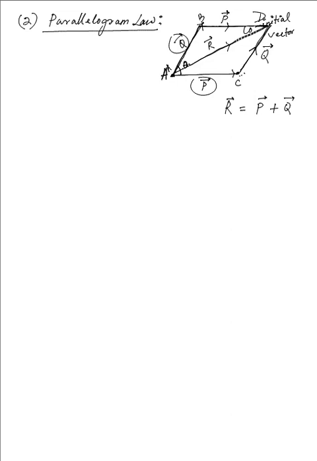So the parallelogram law is almost equal to the triangle law, because if you see this P vector, if extended, the Q vector is over here, so the angle, again this angle being theta, this angle will also be theta, corresponding angles that we have over there. And the angle made by the resultant is obviously alpha with respect to the P vector, the same as we had taken on the previous occasion while deriving the triangle law.